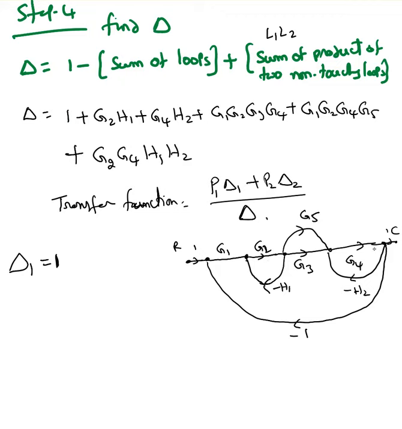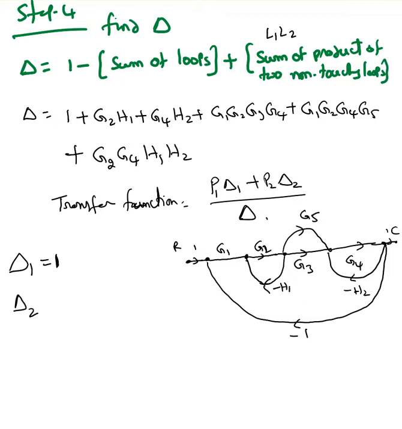Z4H2, Z4 is touching, eliminate that. Z1Z2Z3Z4, eliminate that. Z1Z2Z4Z5, eliminate that. Z2Z4H1H2, eliminate that. Sometimes you will not have all these elements in the path, but we may still need to eliminate them because one of the nodes may be touching that path. That's how we find delta 1.